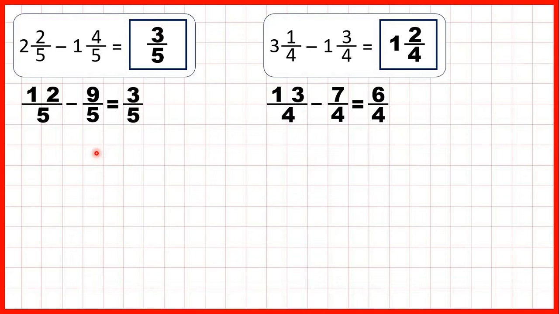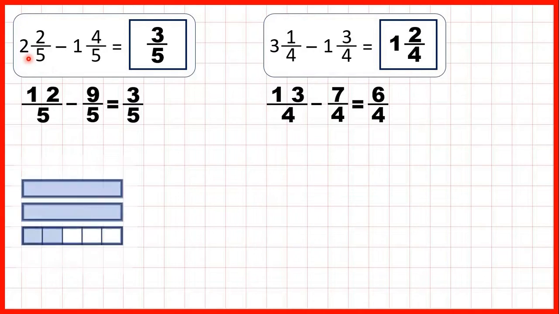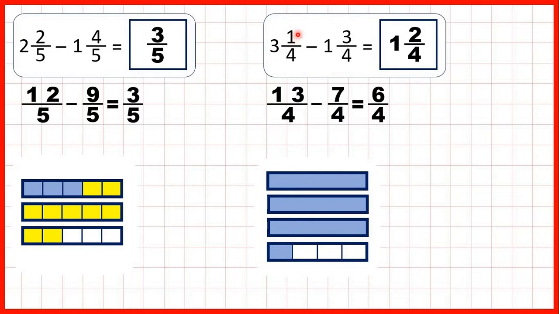We can show fraction bars to see what we did here. So we started with 2 and 2/5, but that's 12/5 as an improper fraction. So when we subtracted 1 and 4/5, instead we could subtract 9 of those fifths to give us 3/5 as our answer. Then we had 3 and 1/4, so 3 wholes and 1/4, but we turned those wholes into quarters as well, because we changed 3 and 1/4 into an improper fraction.